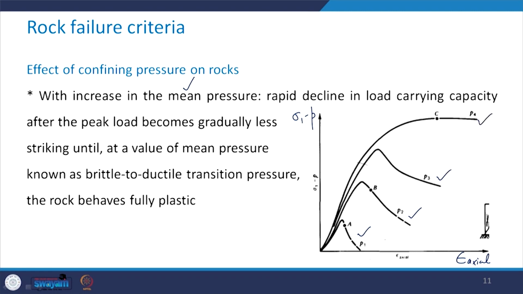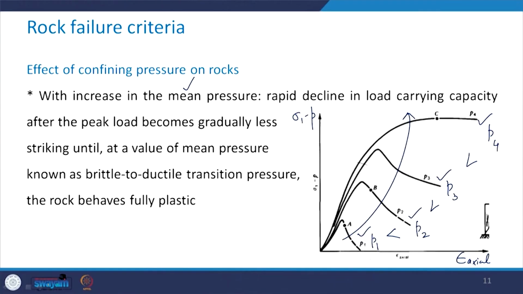They correspond to the mean pressures P1, P2, P3 and P4. The condition here is that P1 is less than P2, P2 is less than P3 and P3 is less than P4 in this case. That means in this direction we are increasing the mean pressure.